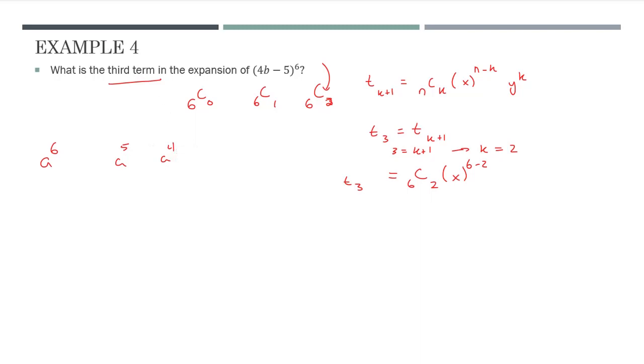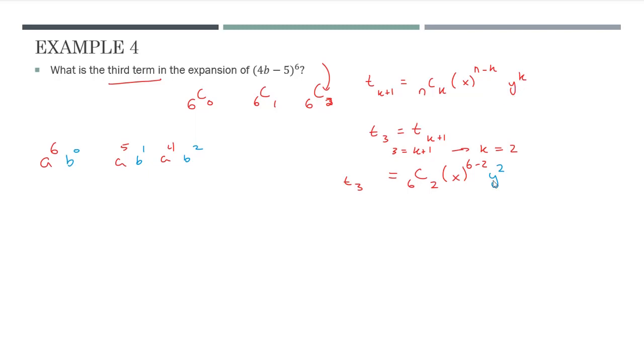Well, that whole time, the b value is going up by 1. So this is 0, then 1, then 2. These numbers are actually related. Every time a goes down by 1, b goes up by 1. So here, if x is going down by 2, then y must have gone up by 2. And we have that in the formula as well: y to the power of k.